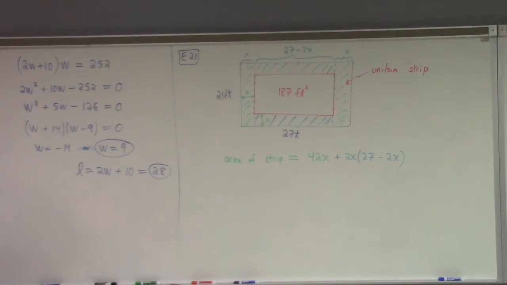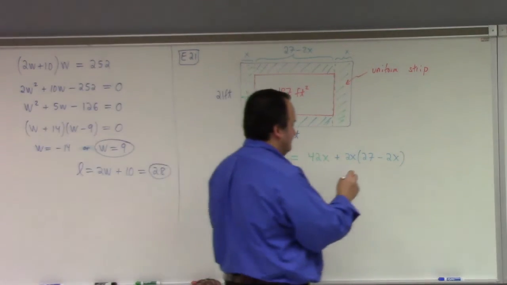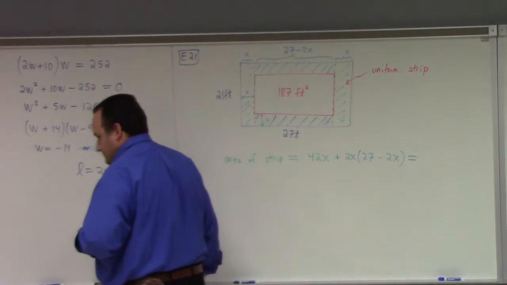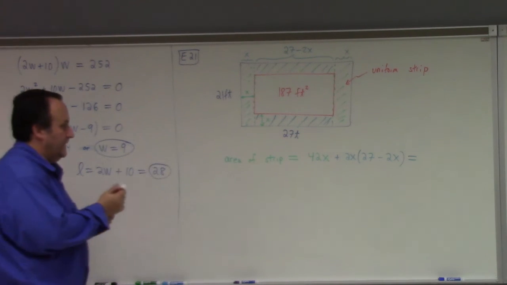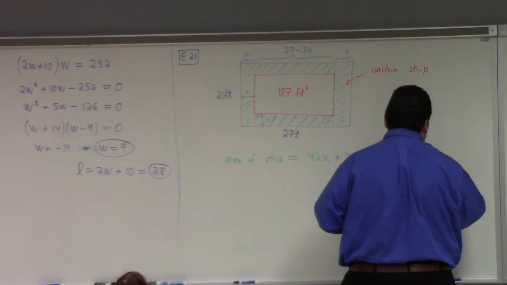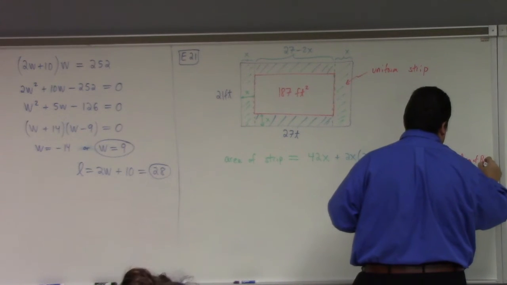What does that have to be equal to? Think about it. What's the total area of the room? So it should be total area minus area of rug.